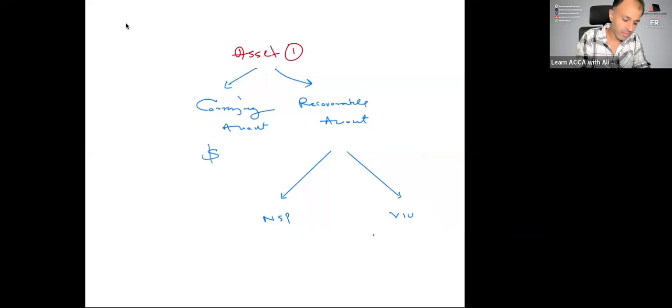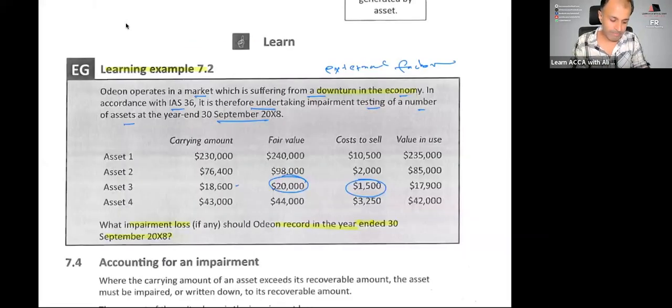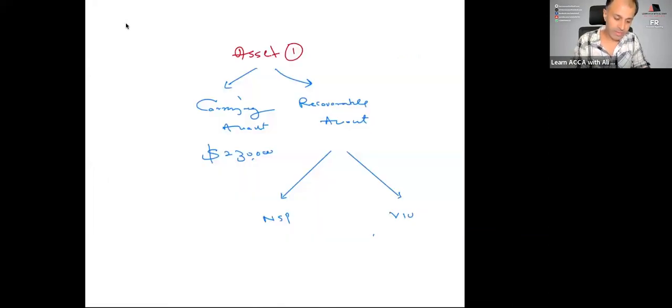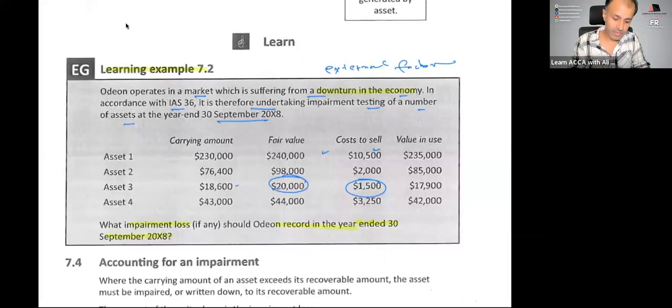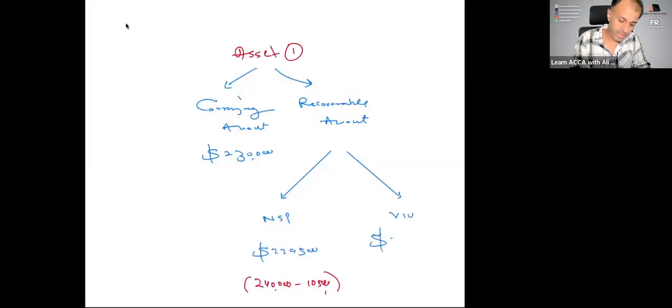For asset one, the carrying amount is 230,000, while the recoverable amount is fair value less cost to sell, that's going to be 229,500, which is 240,000 minus 10,500, while the value in use given is 235,000. Selection is based upon picking the highest. We have picked 235,000.